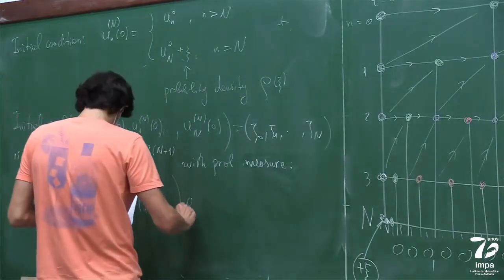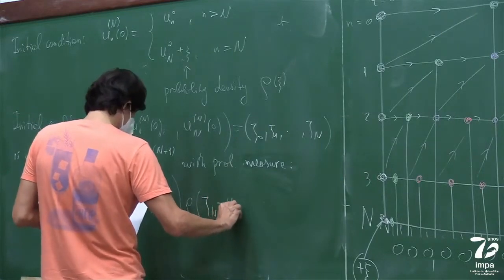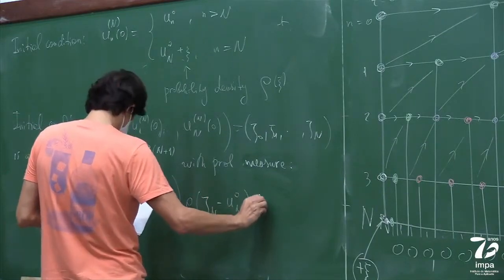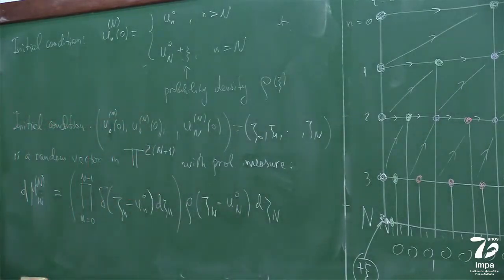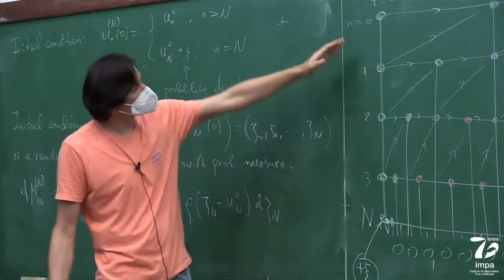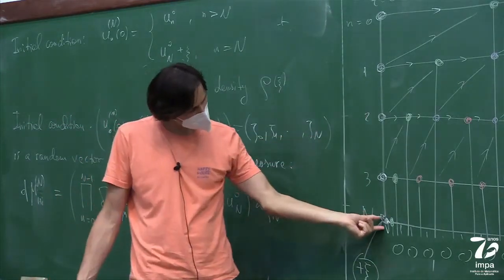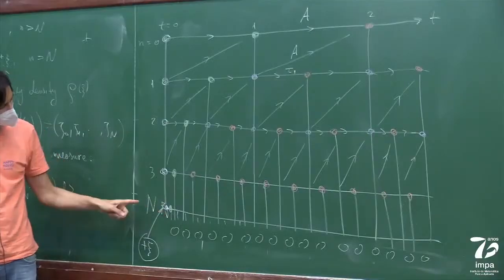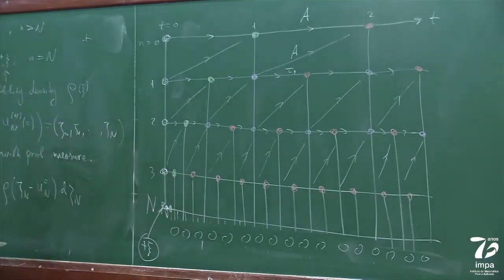So this gives you rho(zeta_N minus u_N(0)) d zeta_N. So that's the initial condition now. So the formal initial condition for our problem is this. It's a measure, which is exactly the deterministic initial values except for the random kick here. And when N goes to infinity, it disappears.